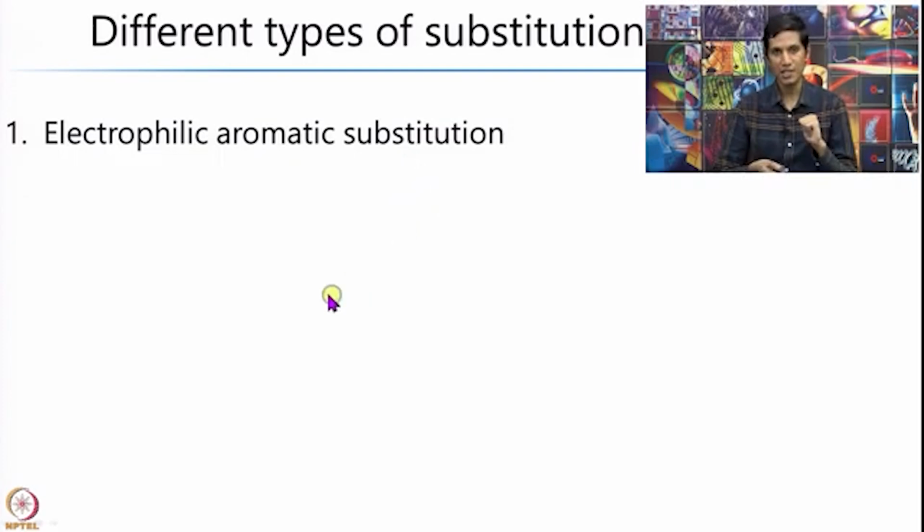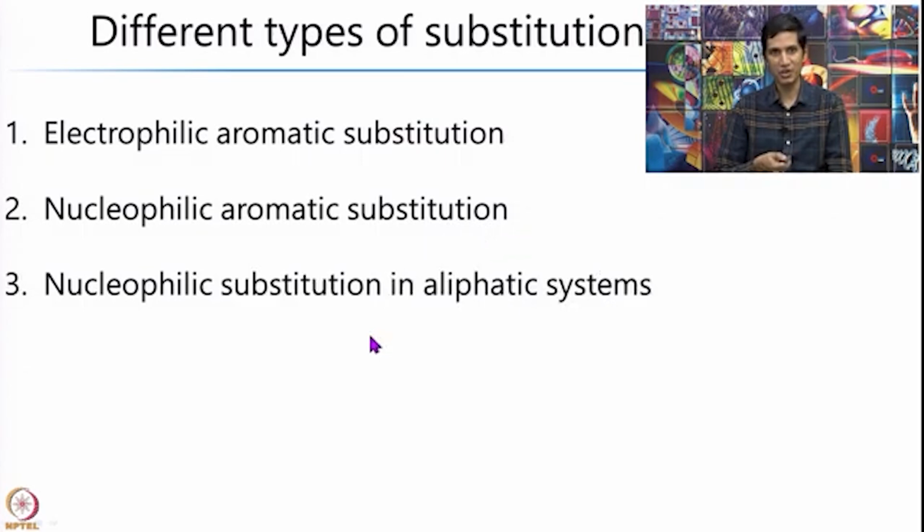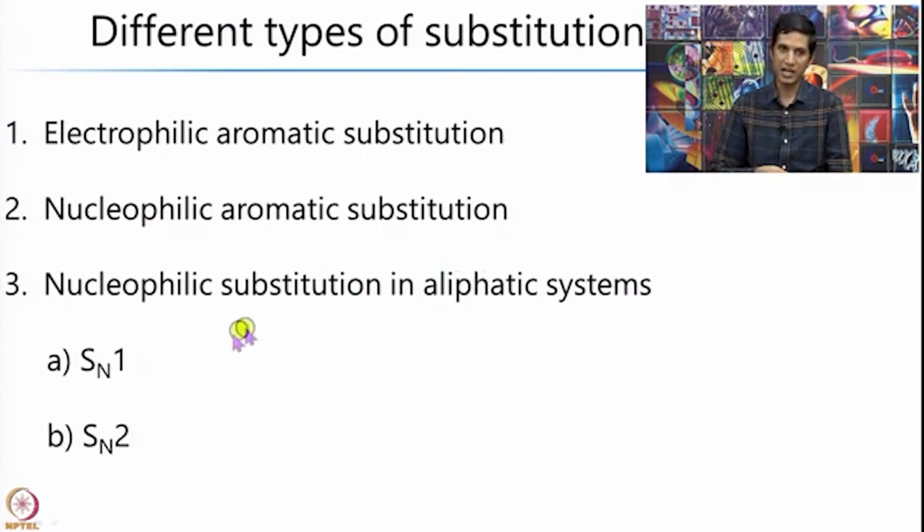There is another class of substitution reactions called nucleophilic aromatic substitution, and finally one can also have a substitution reaction in aliphatic systems, that is systems which are mostly saturated. And among these we can have two kinds of substitution reactions. The first one is called SN1 and the second one is called SN2, and both of these classifications stem from the mechanism by which the reaction takes place.